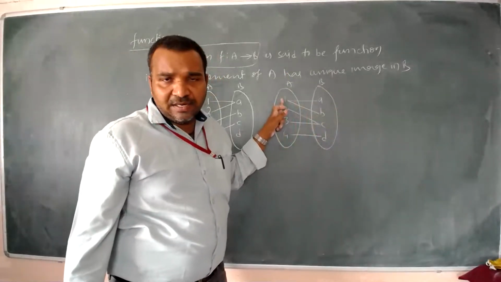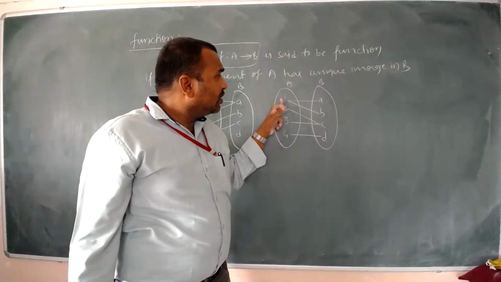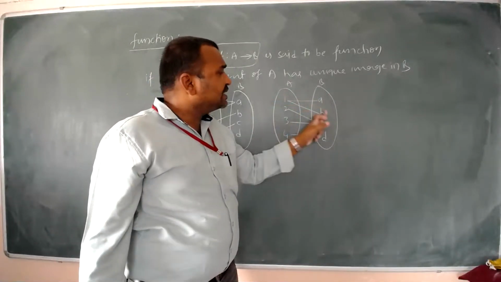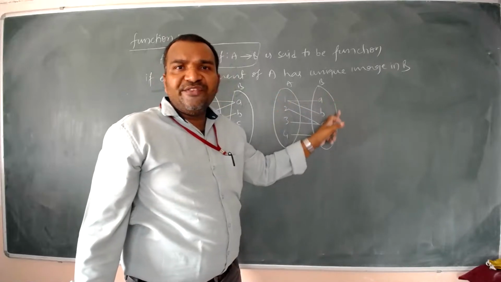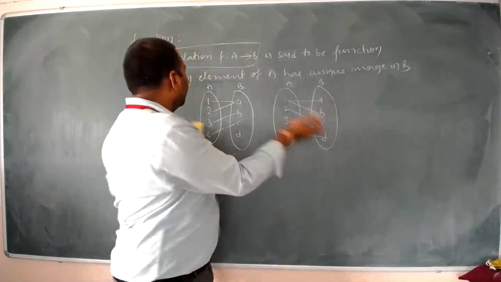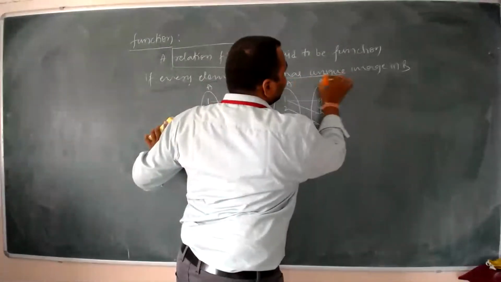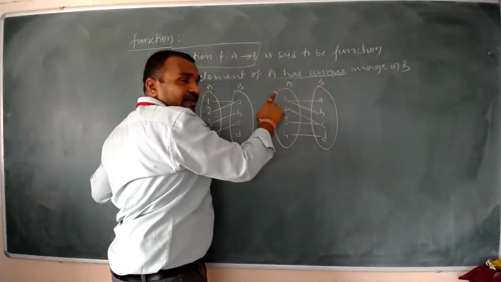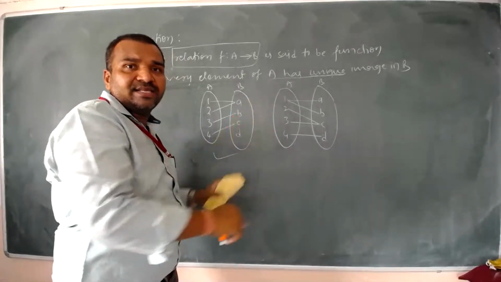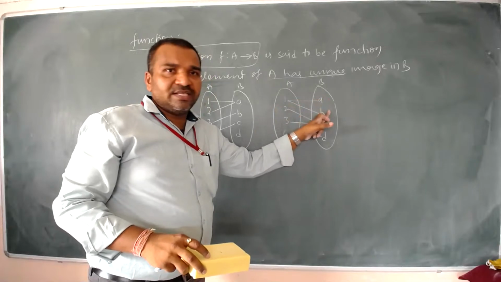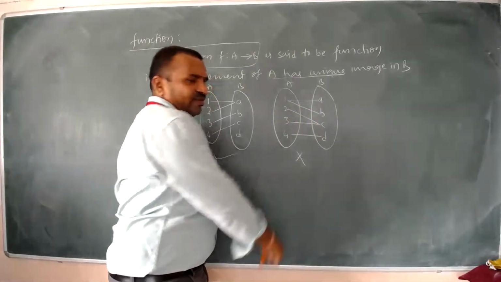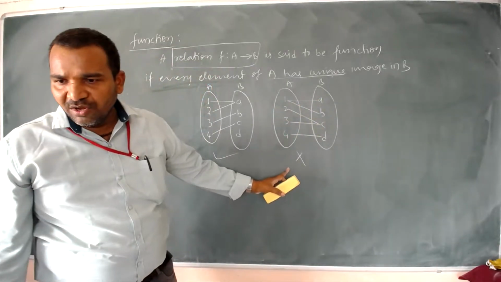Here 1 is an element in the first set. 1 is related with A, 1 is related with B. So an element in A has two different images. From the definition, every element of the first set should contain a unique image. But for element 1, there are two images. So it fails the function condition. So it is not a function.